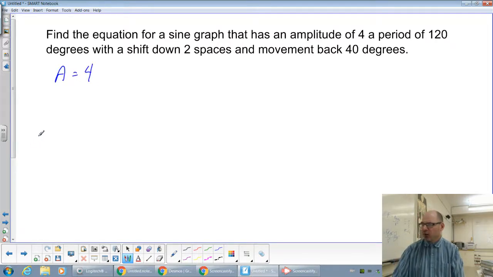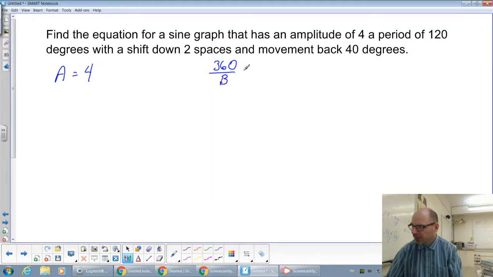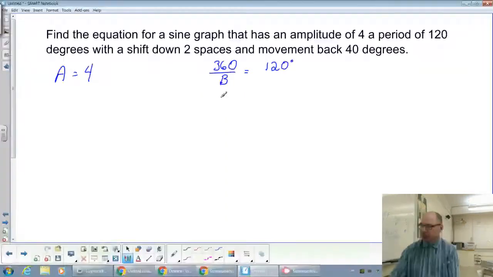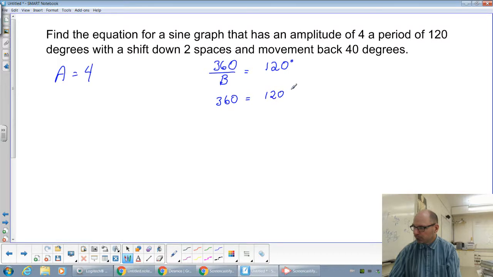The period is 120. So we have to remember that 360 over B is equal to the period. So we have to solve this equation. We multiply B on both sides, and then divide by 120.